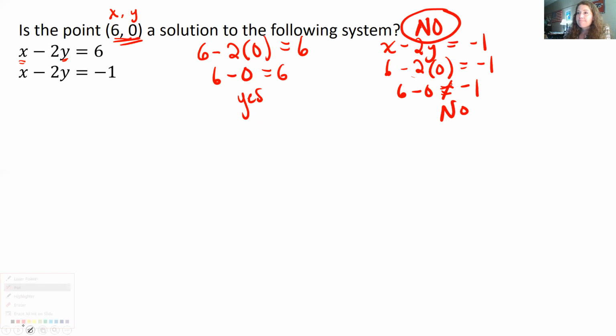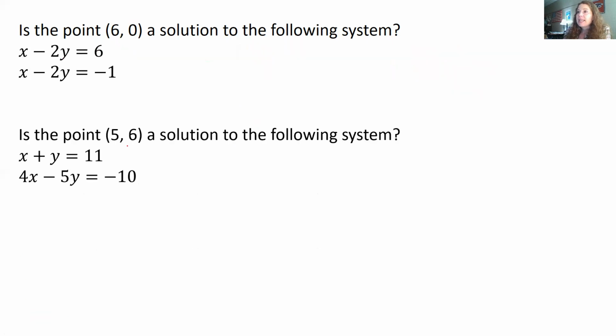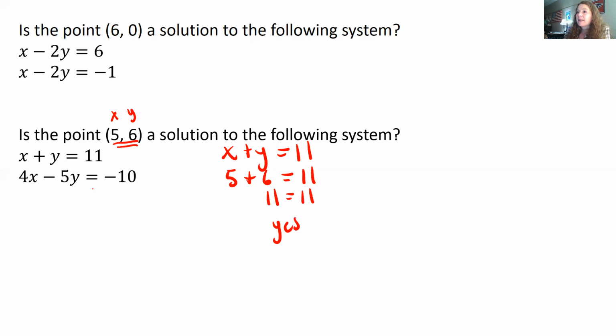All right, let's do another one. Is the point 5, 6 a solution to the following system? All right, so we're going to take our first equation. We're going to substitute 5 for x and 6 for y, and I get a true statement. 11 is equal to 11, yes. Now I'm going to take my second equation.